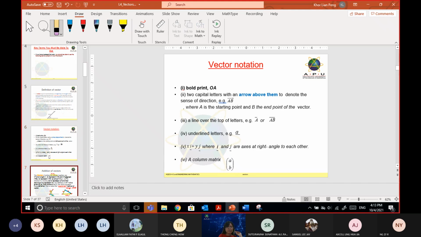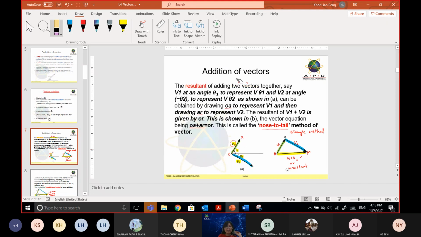That means you should have some basic knowledge about vectors.